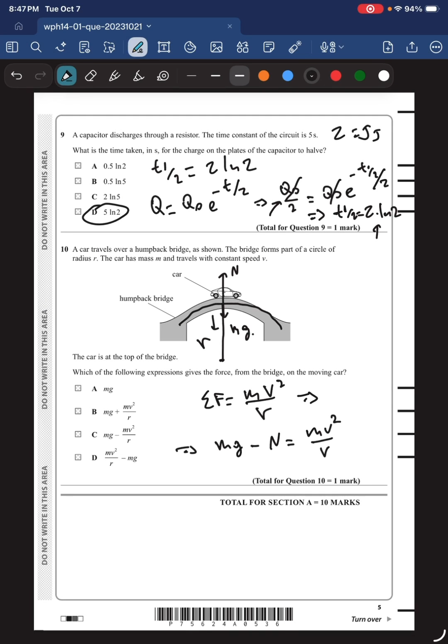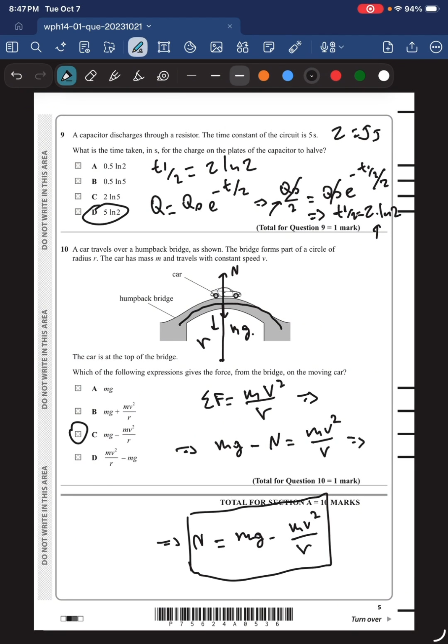And the reason is that mg has to be larger than N, otherwise it's going to fly off. Therefore, N is just mg minus mv squared over r. And this way, the car will not fly off, and the correct answer is C.